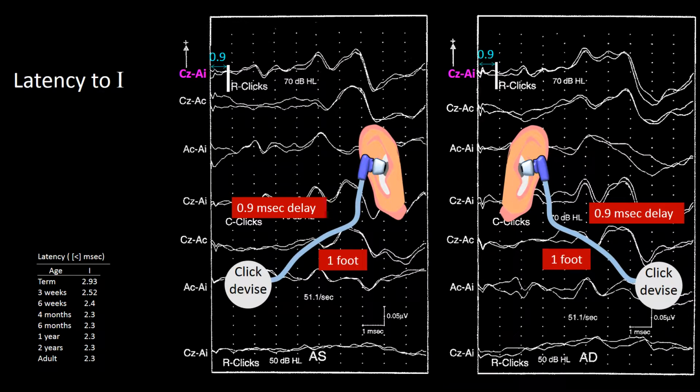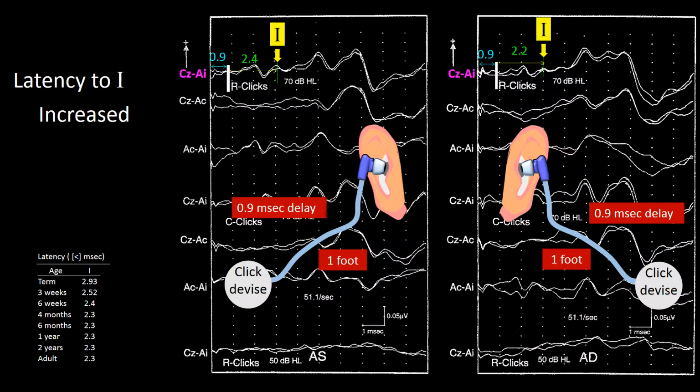Adding this delay to the beginning of the tracing in the vertex to ipsilateral ear derivation, we find that the latency to wave 1 is increased in the left ear and normal but borderline in the right ear. So we can consider latency to wave 1 to be increased, at least in the left ear.